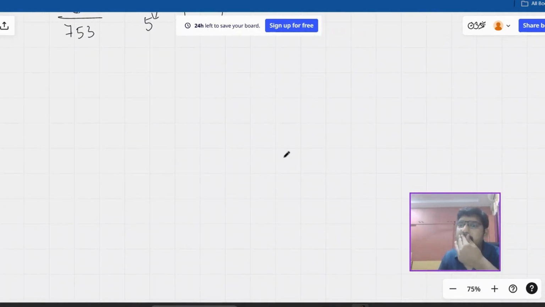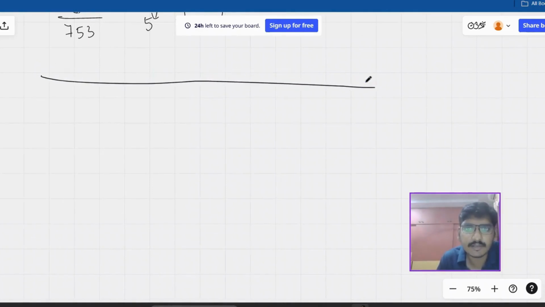Okay, next, coming to the next scene. Whenever you are asked about any number that is divisible and giving some remainder, this kind of question will be asked in number theory.